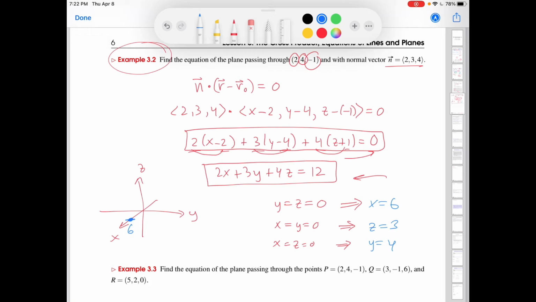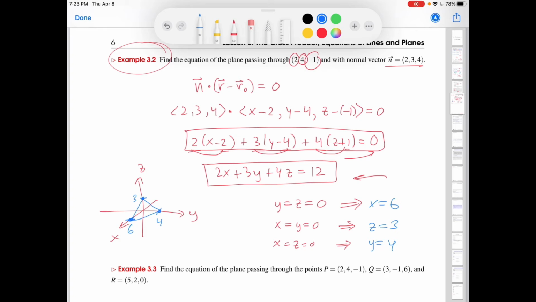Okay, so I'm going to try to make it slightly to scale here. Y is 4, and then z is 3. So remember from geometry class, 3 points determine a plane. 2 points determine a line. So I have 3 points now, so if I just connect them all, I get some sense of what my plane looks like. Again, this is not the best visualization ever.